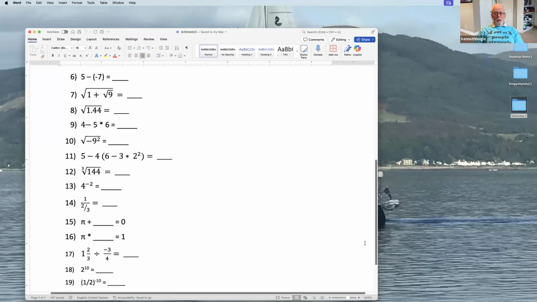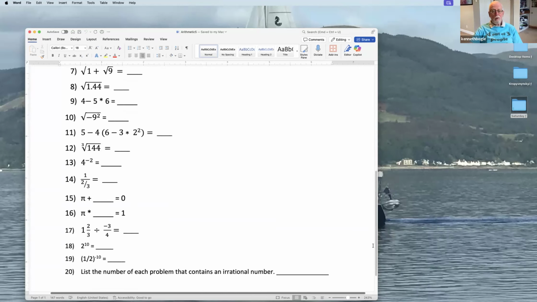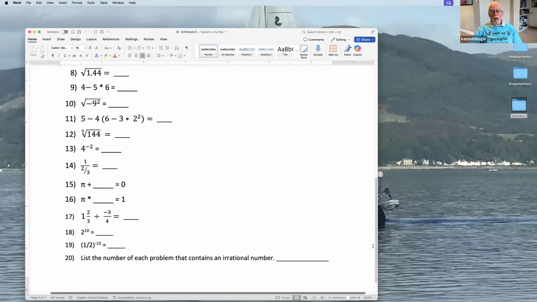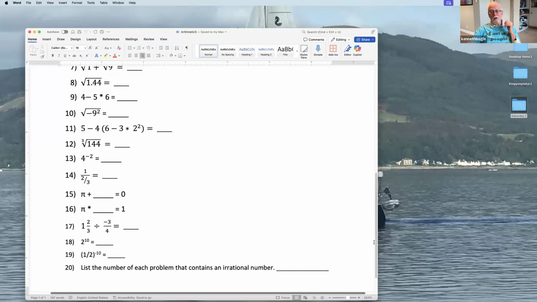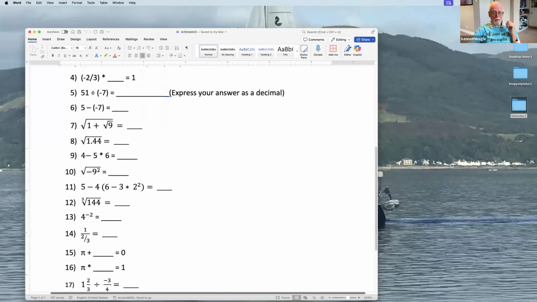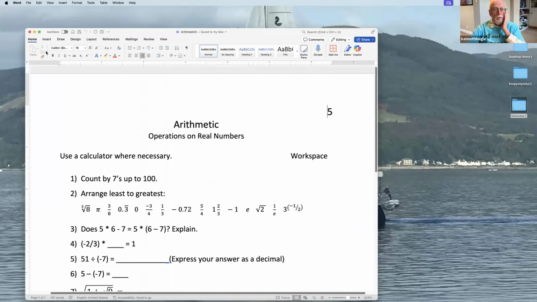What about number 19? Still 1024. Same thing, 1024, got a negative exponent, right? And I won't bother to do 20 as far as which ones are irrational. We had a few of them in there. All right. So much for the math.